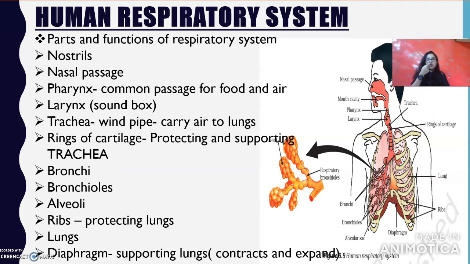Through the nose we are taking air inside. Then here is the nasal passage. Then the air goes into the pharynx. If you open your mouth, you can see it behind the soft palate. That is the common passage for food and air. That is the pharynx. Then the larynx.